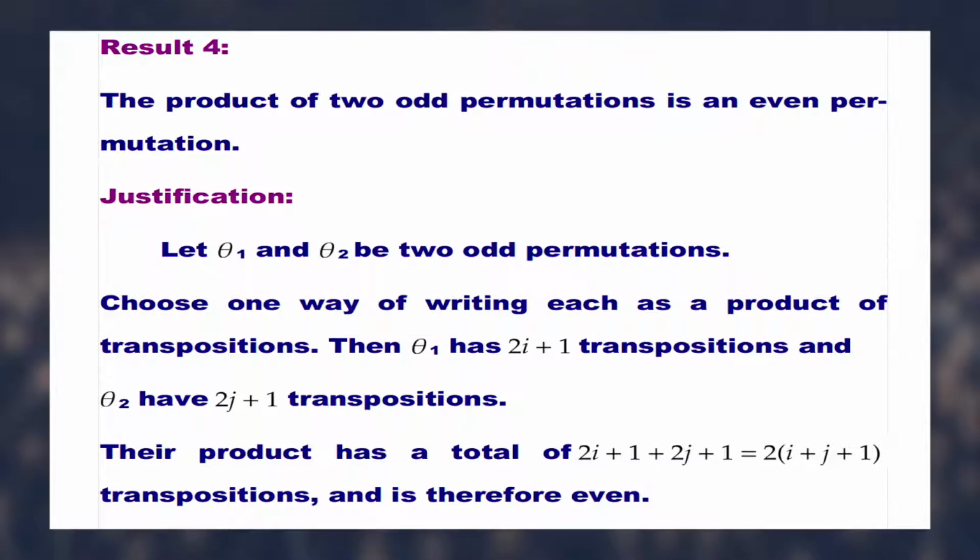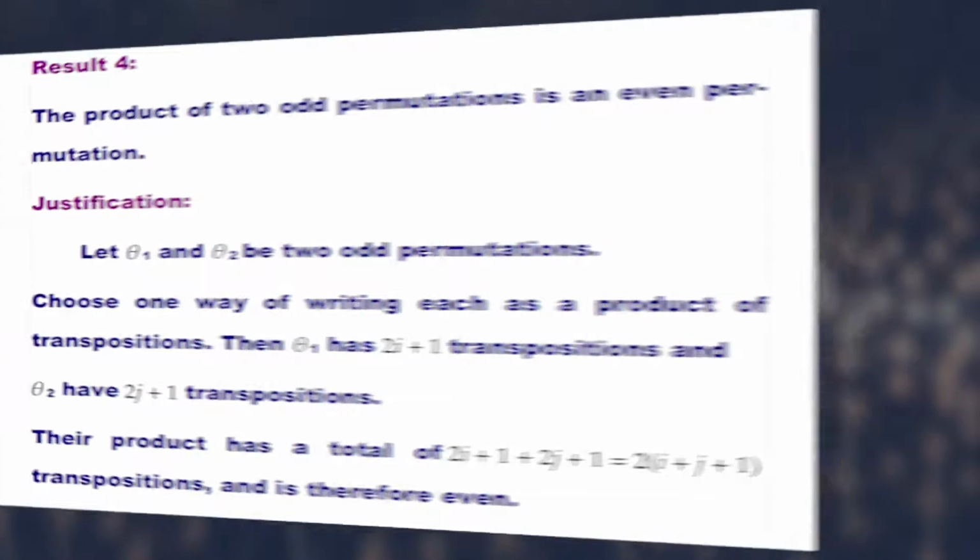Then, theta 1 has 2i plus 1 transpositions and theta 2 has 2j plus 1 transpositions. Their product has a total of 2i plus 1 plus 2j plus 1. Here 1 plus 1 is equal to 2. So, the common factor 2 will be taken outside. So, 2 times (i plus j plus 1) transpositions, and is therefore even.